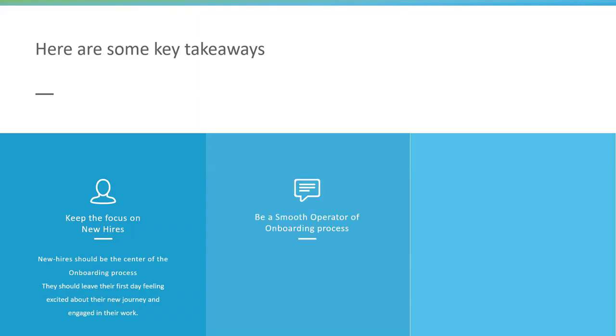The second one is, of course, you should be in control of your onboarding process, and also you should look at the process to optimize it whenever it is necessary. Here I made an analogy with Formula One driver Carlos Sainz. I don't know if you know that he uses the Smooth Operator song theme when he has good results.